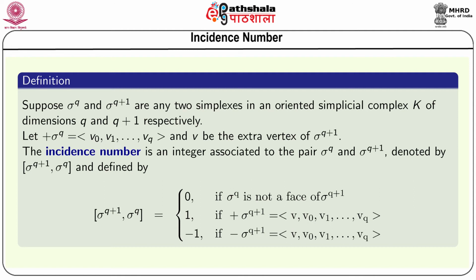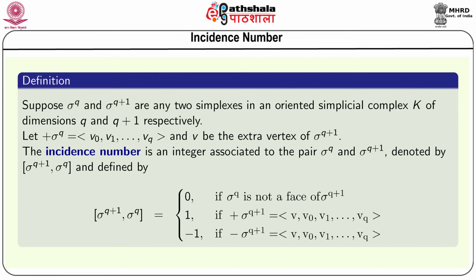Now, we are going to introduce the incidence number of the pair sigma q and sigma q plus 1, which we shall denote by the bracket sigma q plus 1, sigma q, and we define it by the following numbers.